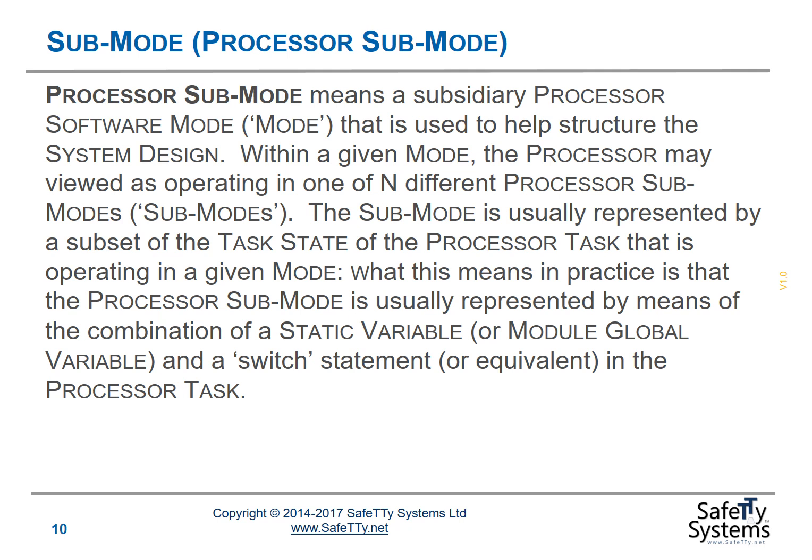Submode is usually represented by a subset of the task state of the processor task that is operating in a given mode. What this means in practice is that the processor submode is usually represented by means of a combination of a static variable and a switch statement in the processor task.